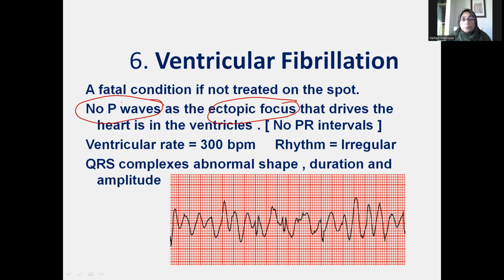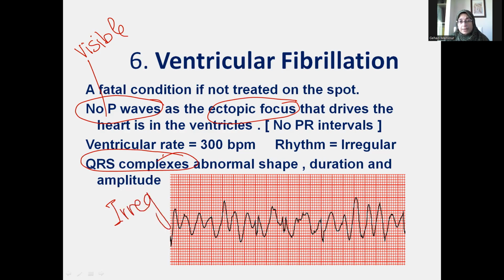There are no visible P waves. They are there, but they are overridden by the QRS complexes. The rate is high, again, like in ventricular flutter, but it is not regular, it is irregular, and therefore ventricular fibrillation is an irregular rhythm.